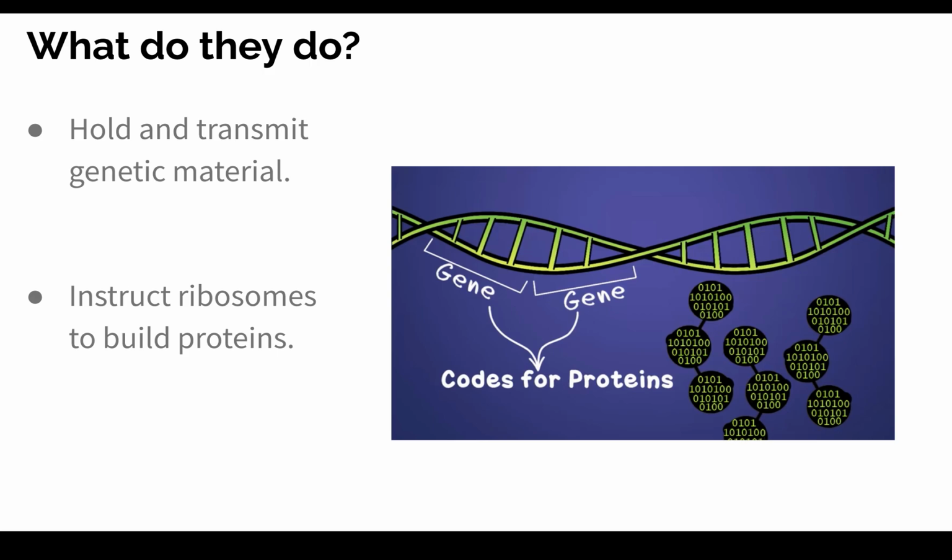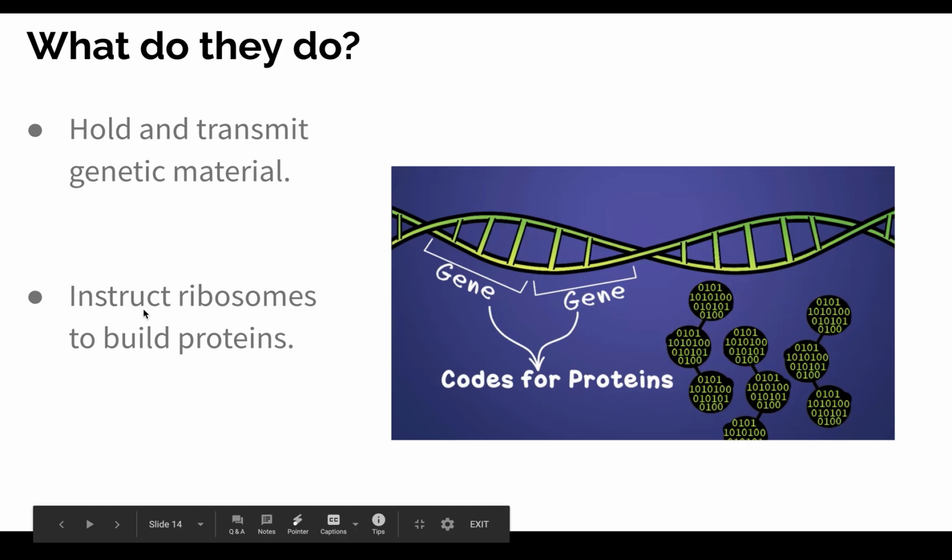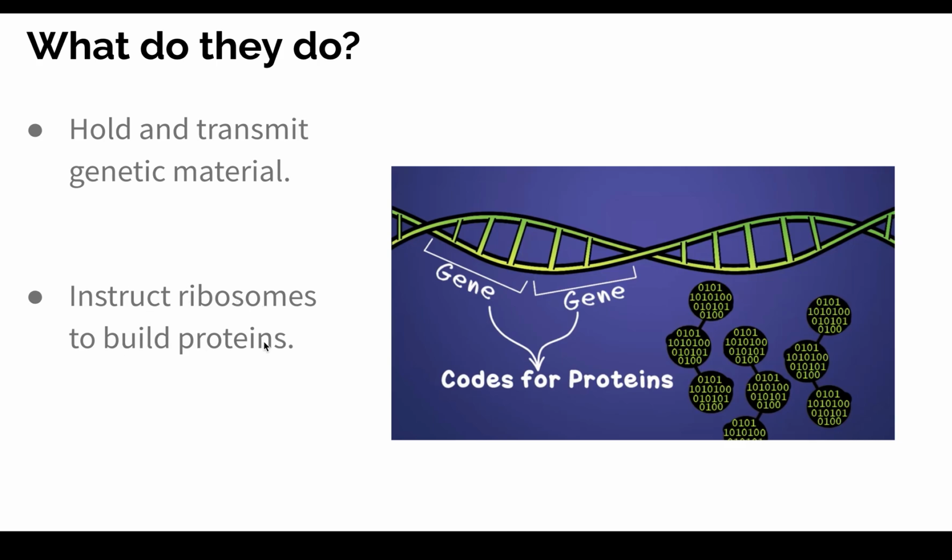In essence, what nucleic acids do is they instruct the building of proteins. Your DNA that is in each of your cells is basically a recipe to make proteins. And then the proteins that are made make everything that you are.